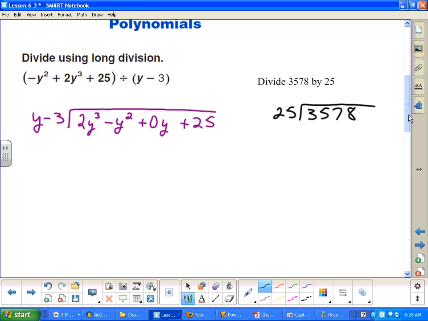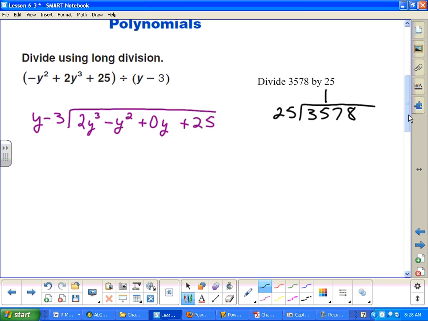So we have 25 into 3,578. What do I look for first again? 25, we look to see if it goes into 3. It doesn't. But how many times does it go into 35? That would be 1 time, right? So we put the 1 up over the 5.